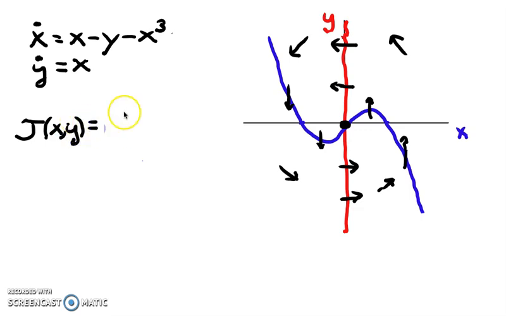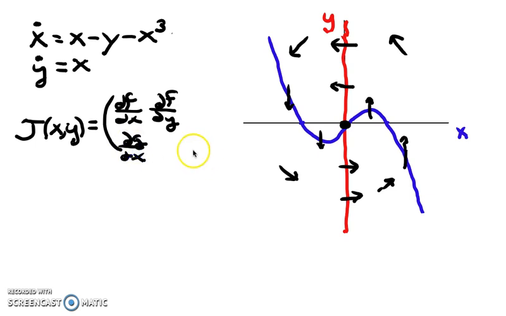And it will be a 2x2 matrix where in the upper left-hand corner we'll have the partial derivative of the first equation, which we often write as f, with respect to x. And then the partial derivative of the first equation with respect to y. And down here we'd have the partial derivative of the second equation with respect to x, and the partial derivative of the second equation with respect to y.